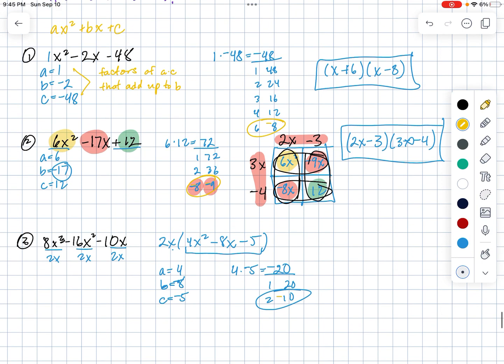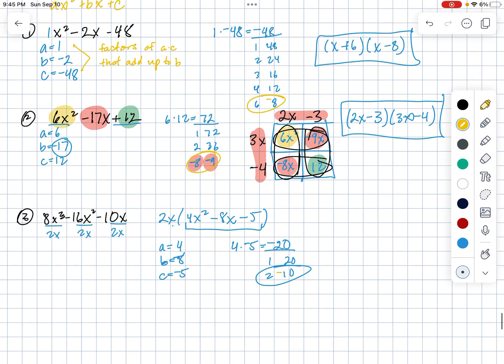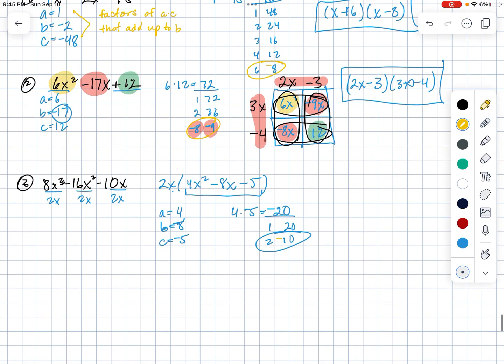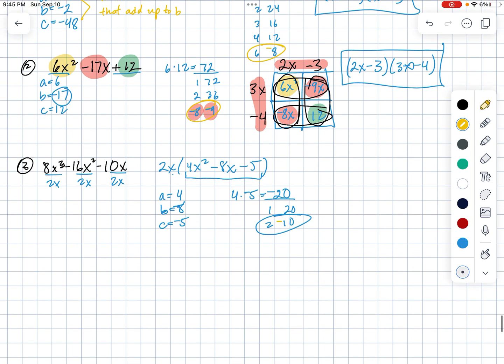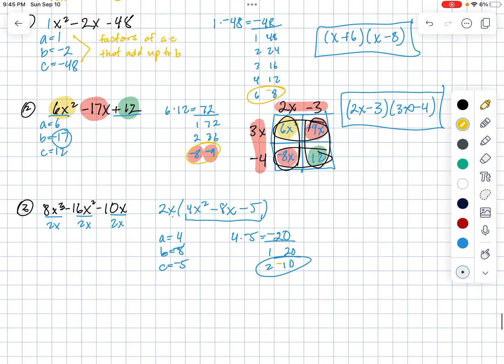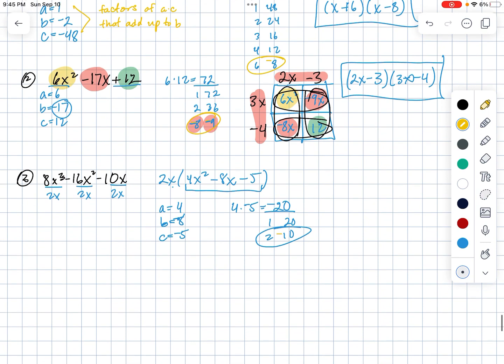Let me just point out, we've done factors of AC that add up to B in all 3 situations. Like the previous one, the leading coefficient, the A value, isn't 1, so we have to use it. We can't just write our answers immediately into parentheses.